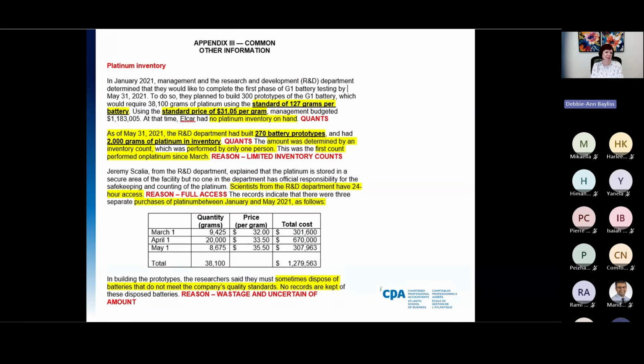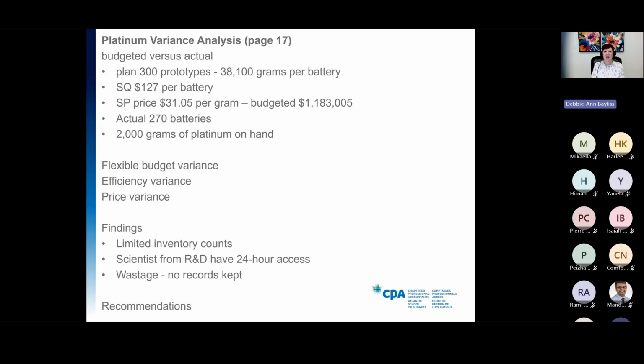And there are several reasons that are already identified. There are limited inventory counts, scientists from the R&D department have 24-hour access, and waste, sometimes the disposal of the batteries, is not recorded. So let's include that information in the outline. Again, it depends on what you want to do. I've included some of the key information, but I've also included the page number.